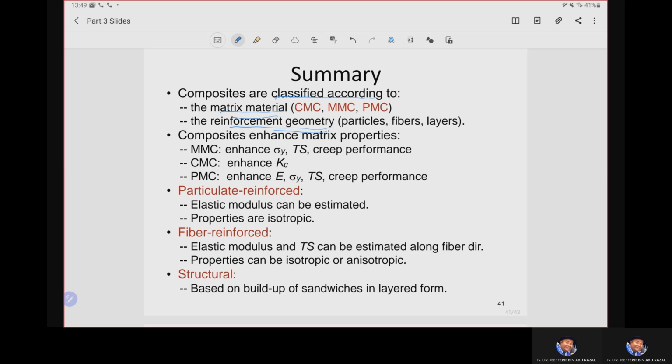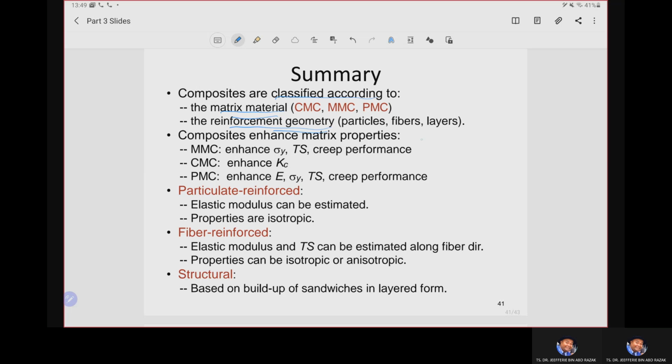And if we classify the composite based on the reinforcement geometry, we have the particle reinforced composite, the fiber reinforced polymer FRP, and the structural type, laminate or sandwich, based on the layers.